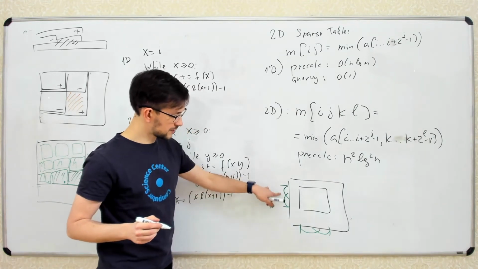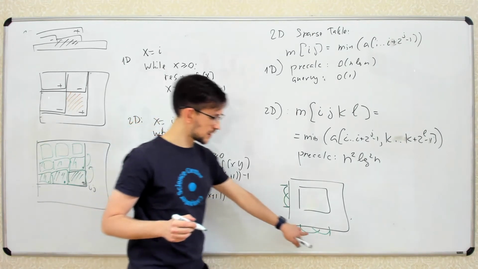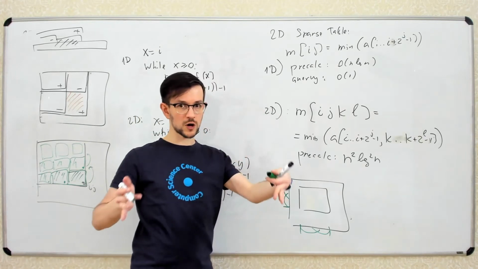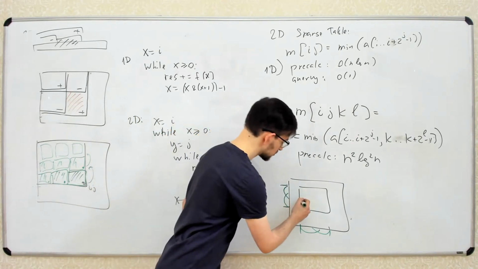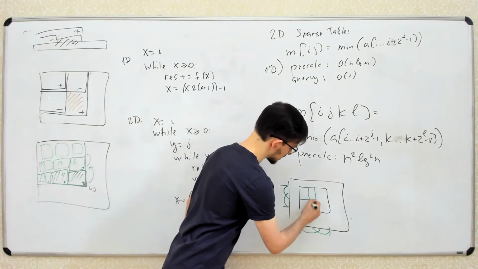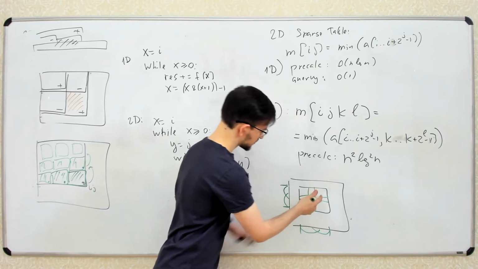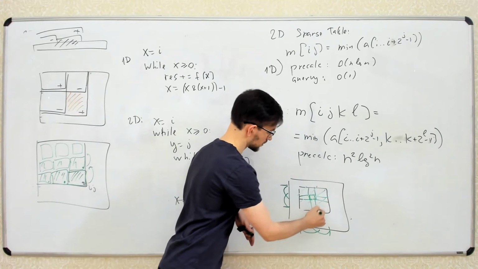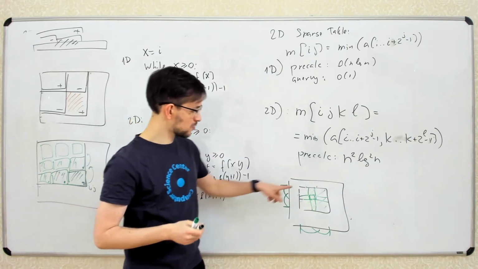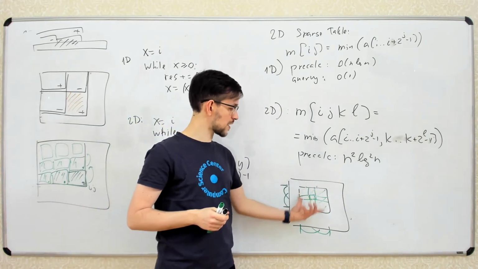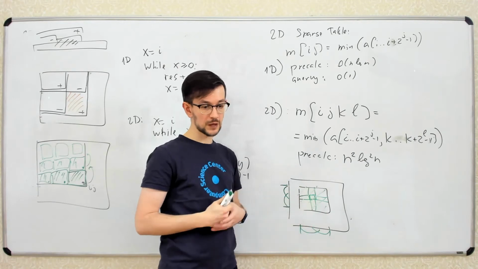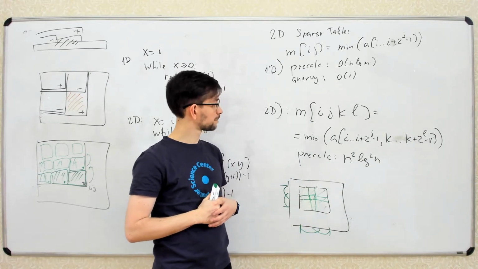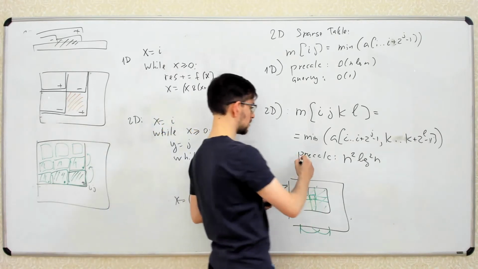Now you take these 2 segments, and in each of them, these 2 segments. So you have these 4 rectangles: the first rectangle, the second, the third, and the fourth, and these 4 rectangles cover your whole rectangle. So you get the minimum here, here, here, and here, and find the total minimum in your rectangle.